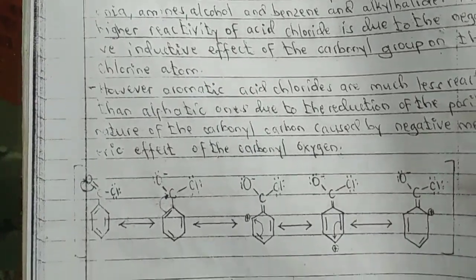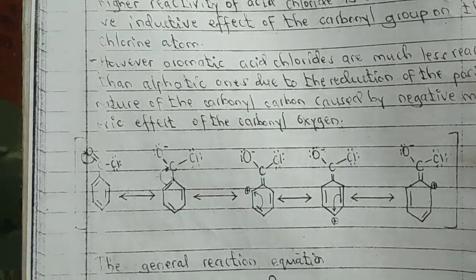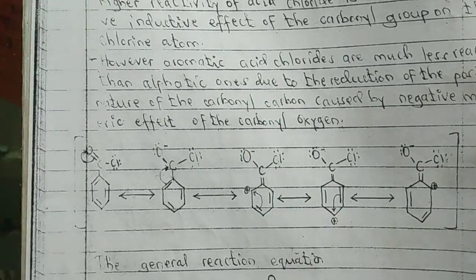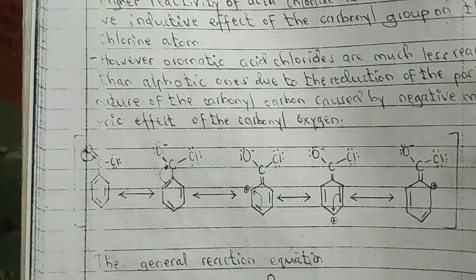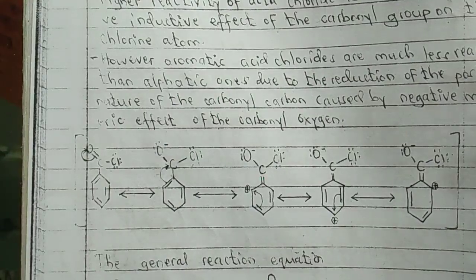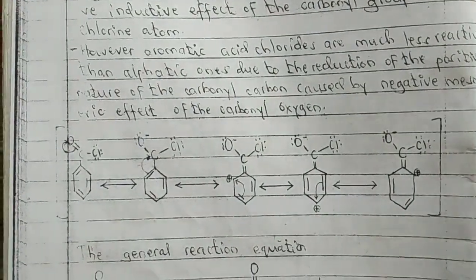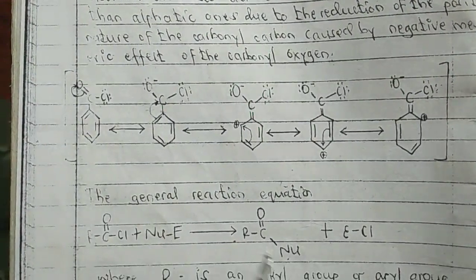Kwa hiyo tukiwa tuna aromatic acyl chloride zinakuwa ni less reactive compared na aliphatic, kwa sababu katika aliphatic ile inductive effect caused by chlorine inakuwa stronger as compared to the inductive effect in this compound, kama kukiwa kuna oxygen, which will cause the positive mesomeric effect and thus reduce the inductive effect caused by chlorine.